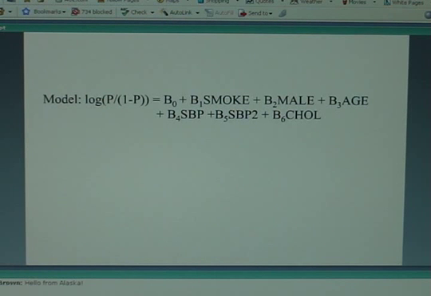Now, first of all, let's imagine if we try to do this analysis with stratification. If I want to know what the effect of smoking is on your risk of developing coronary heart disease, and I want to control for sex by stratification, I'm going to divide my data set into men versus women. I'm going to break it into two pieces. If I also want to control for age, I have to break those two pieces into more pieces.